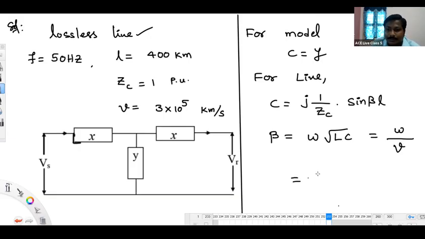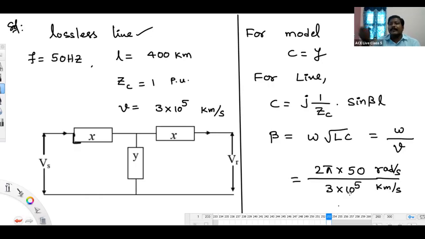Substituting the numbers, omega over velocity 3 into 10 power 5. The numerator is in radian per second and the denominator is in kilometer per second, so it comes to radian per kilometer. So it will be 1.047 into 10 power minus 3 radian per kilometer.